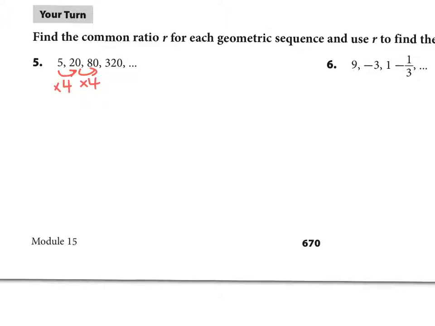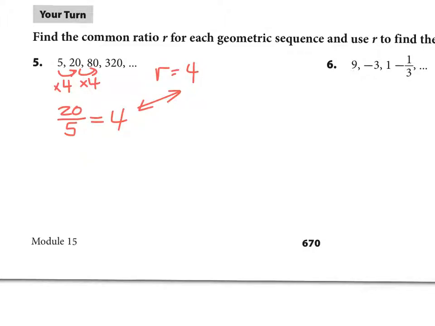That's what r is, so r is 4. But if it's harder to look at, and we'll do number 6 in which that's the case, you take the second term and divide it by the first term. If I do that, I get 4, the same thing here. So sometimes you can look at it, and sometimes you may actually have to, quote-unquote, solve for it.